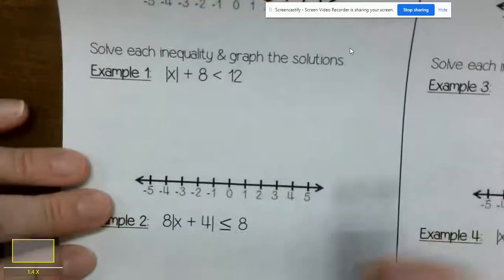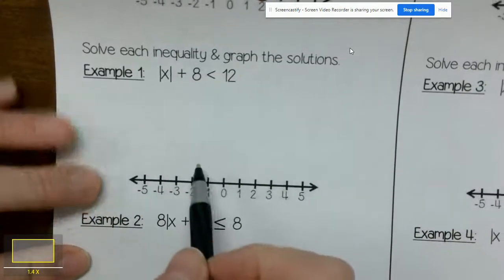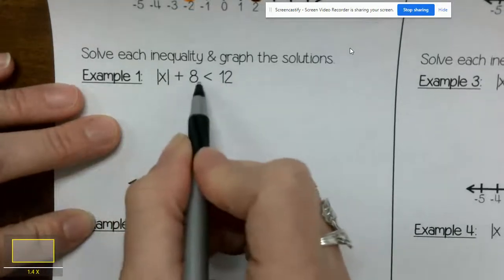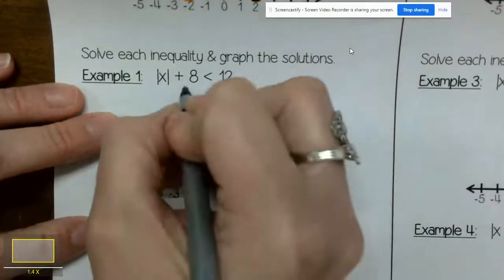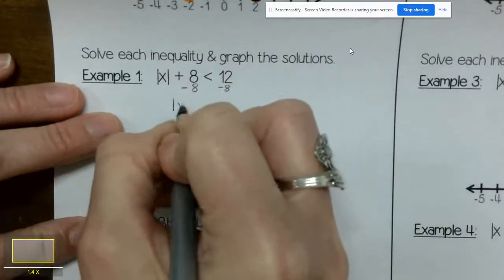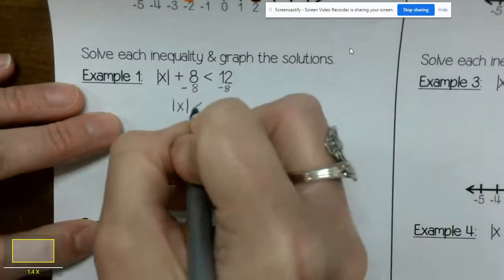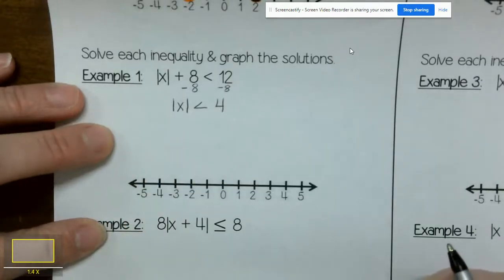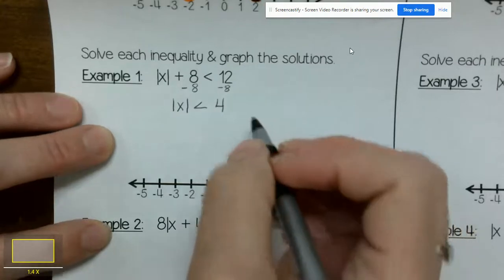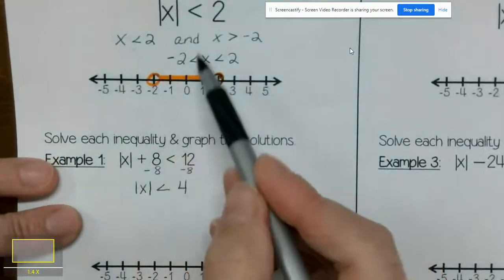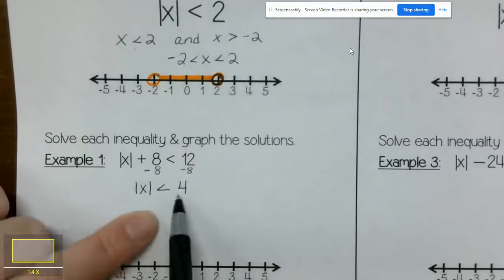I've given you a graph down here to use. You should notice that 8 is not isolated by itself, so the first thing we have to do is subtract 8 from both sides. That gives us the absolute value of x is less than 12 minus 8, which is 4. Remember from up here, we had x is less than 2, so the only difference here is we've got a 4.